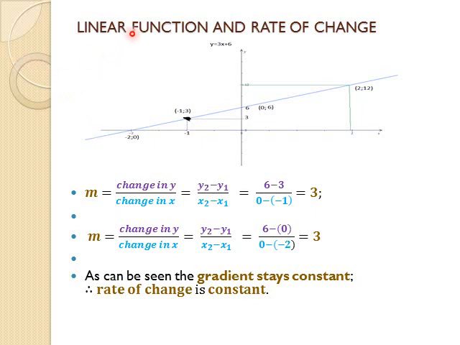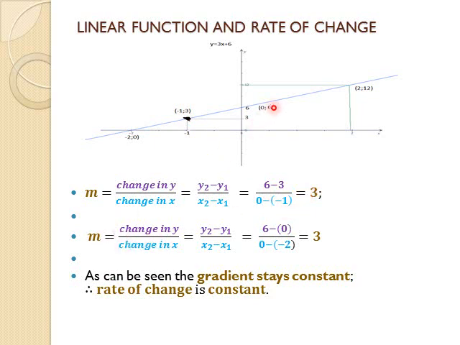If you look at the linear function and rate of change, here we have a function y = 3x + 6 with the points (2, 12), (0, 6), (-1, 3) and (-2, 0). I calculate the gradient between (0, 6) and (-1, 3): 6 minus 3 over 0 minus minus 1, 6 minus 3 is 3, 3 divided by 1 gives me a gradient of 3.